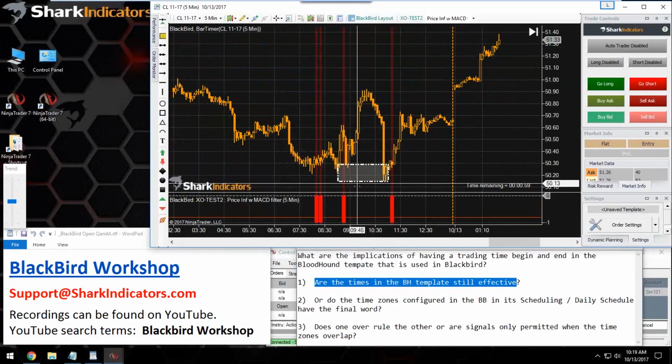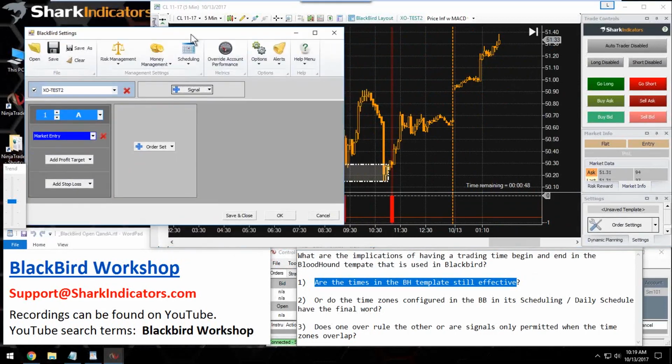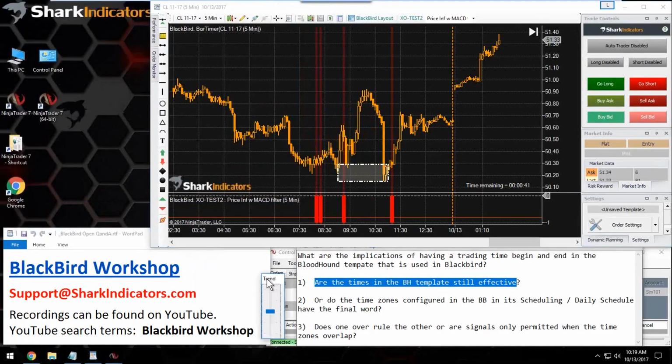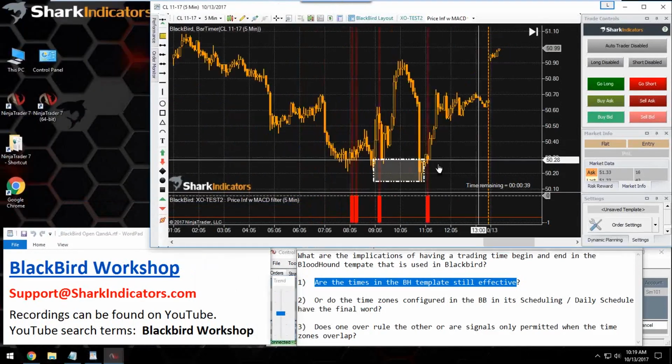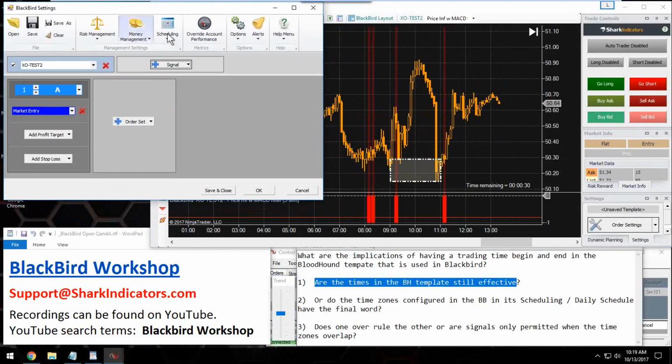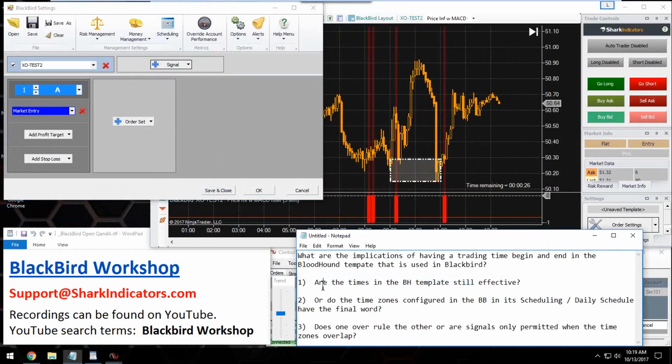So there we go. Again, just to illustrate, there is a BloodHound signal inside that 2-hour window. But Blackbird's just going to ignore that signal. Well, let me get this out of the way here. All right, let's see.